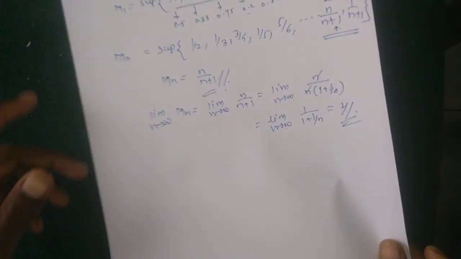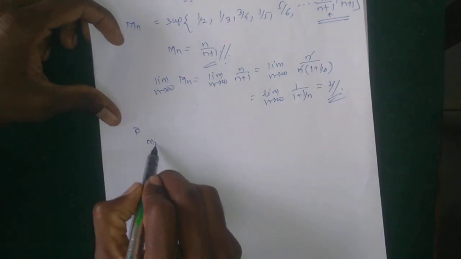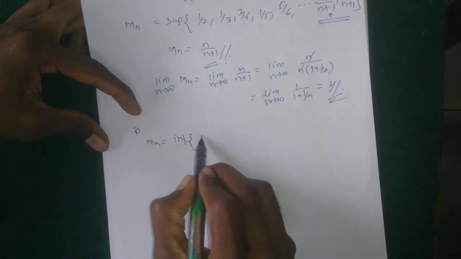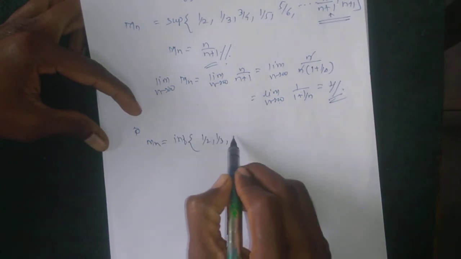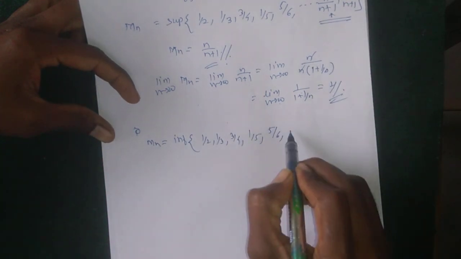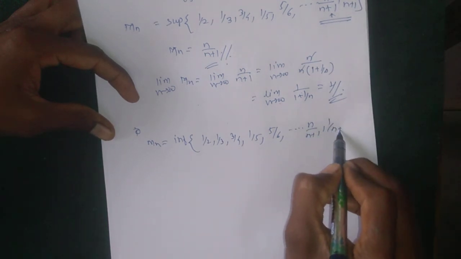Okay, then the limit inferior. Small mn must be the infimum of all these terms, 1 by 2, 1 by 3, 3 by 4, 1 by 5, 5 by 6, and in this way lastly n divided by n plus 1 and 1 divided by n plus 1.